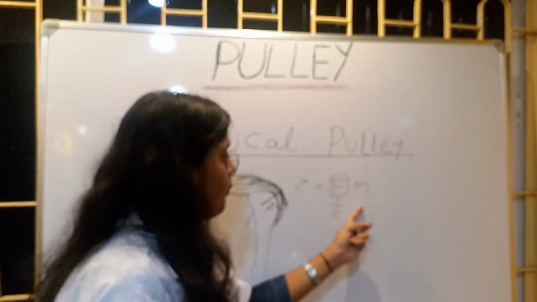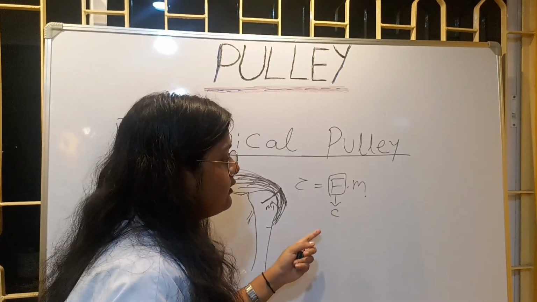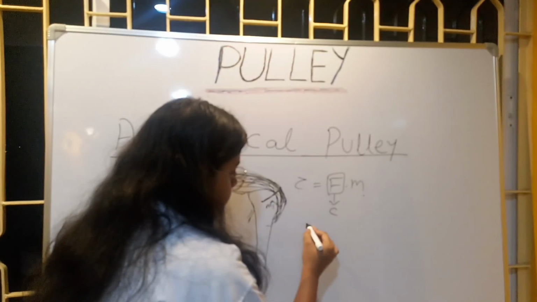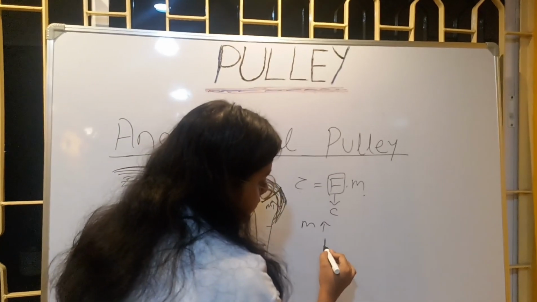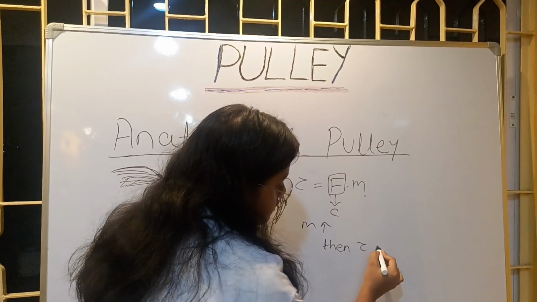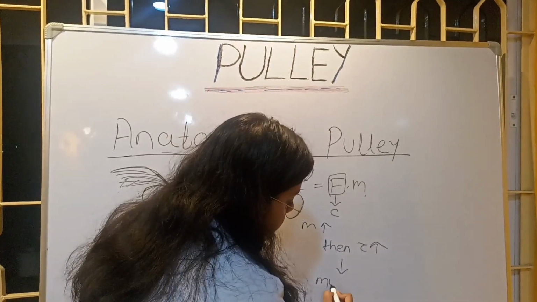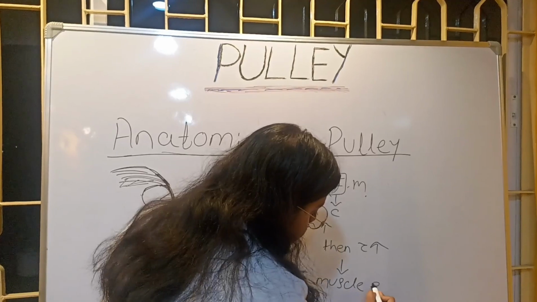When F is constant, torque is directly proportional to moment arm. When the moment arm increases, torque will increase. Then muscle efficiency also increases.